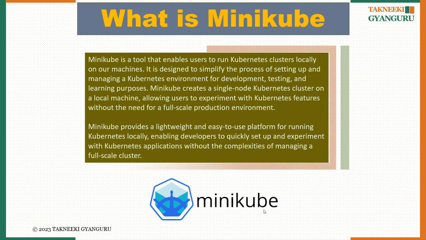Those kinds of infrastructure are sometimes not available to the developer. So Minikube is the solution for the developer, who can install Minikube in their environment, their laptops, and test their application and deploy it into Kubernetes. So this is the reason Minikube was introduced, right?